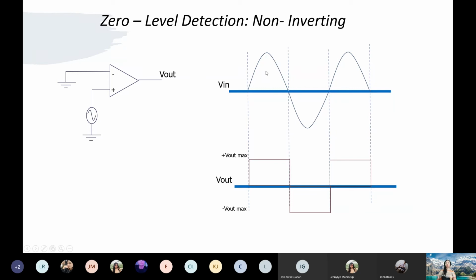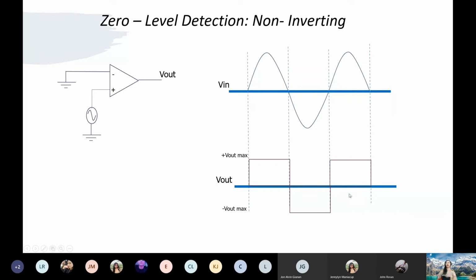So if you have positive input, you have positive output. Your output is a square wave kasi it's like a switch. It's either on or off. If you have negative input, you have negative output also.